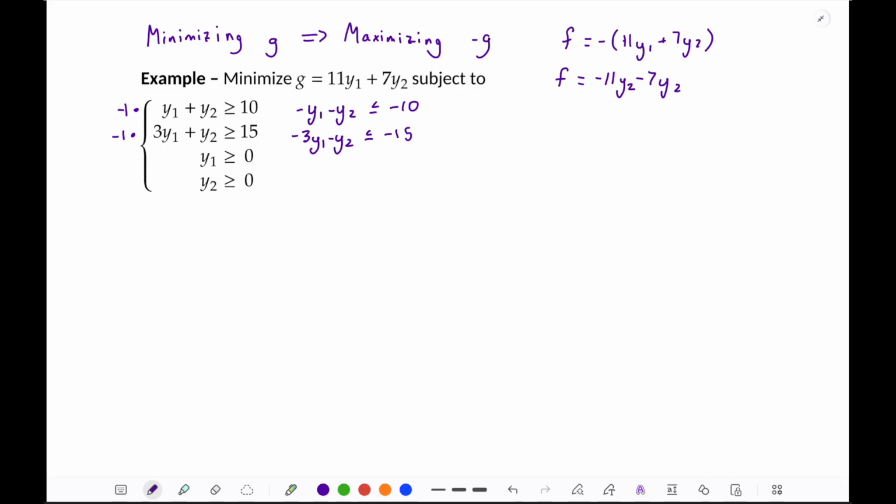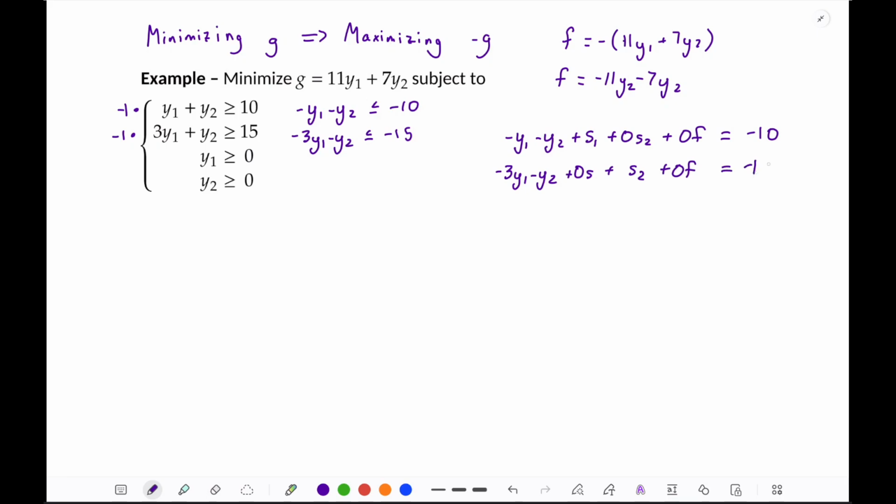We're set up to start our tableau. So we need some slack variables first. So we get negative y1 minus y2 plus s1. Because we have two inequalities, there's going to be an s2, and then we have an f. So then that would be equal to negative 10. The second inequality, negative 3y1 minus y2, no s1, we're going to have an s2, and no f.